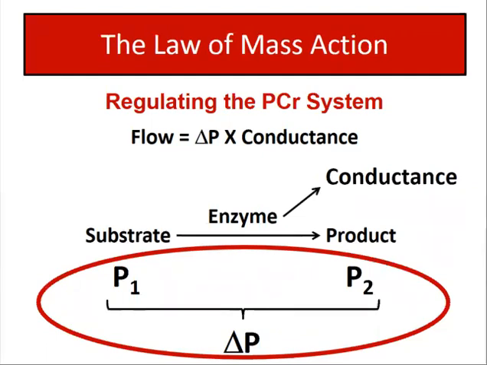So in this PCR reaction flow, we have delta P, which is the concentration of substrate, in this case, the reactants and our products. We have the conductance, which is the activity of the creatine kinase enzyme. And according to the law of mass action, if we increase substrate, we will increase flow by driving this reaction forward.